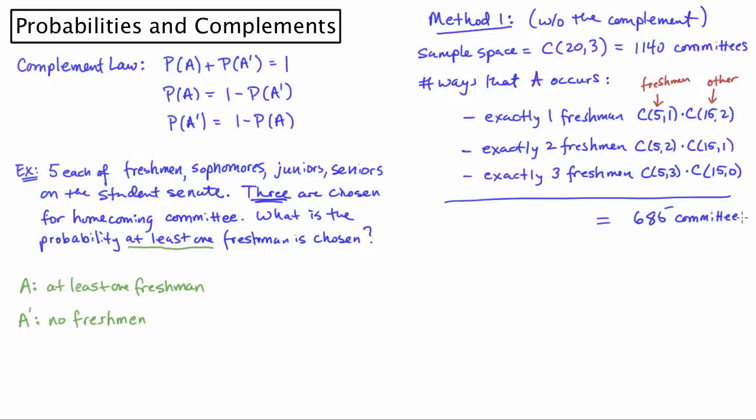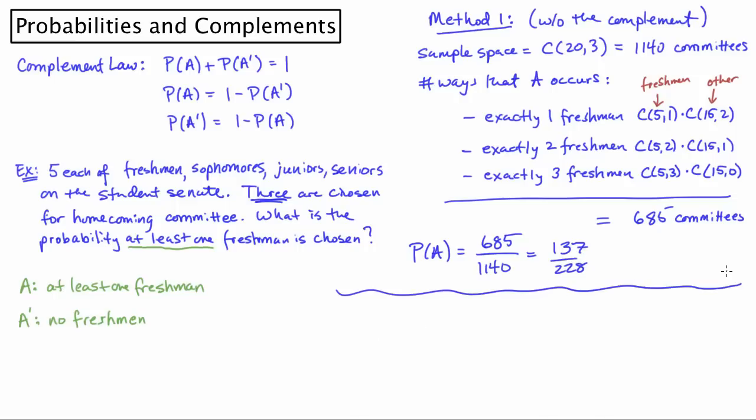And each of those committees has at least one freshman because they have exactly 1, 2, or 3. Well, the probability then of A in this case is 685 out of the sample space size, which is 1140. And then if we reduce that, we get 137 out of 228.